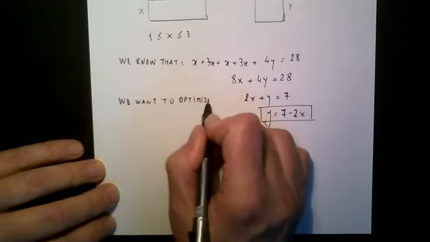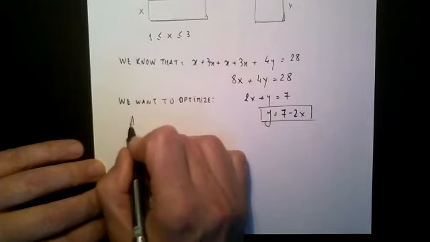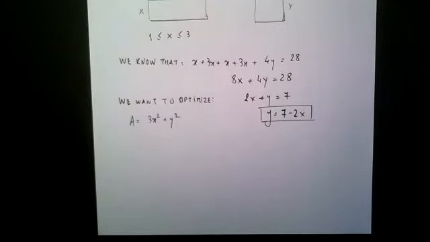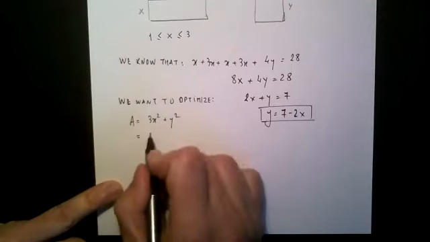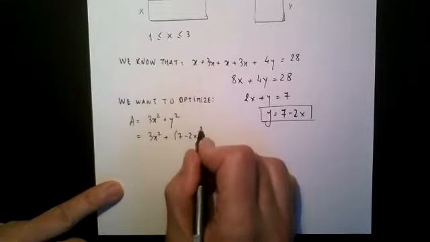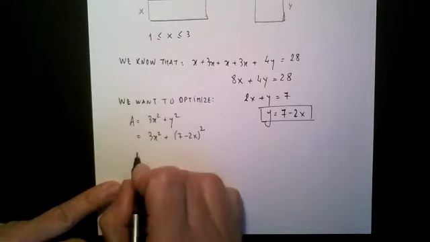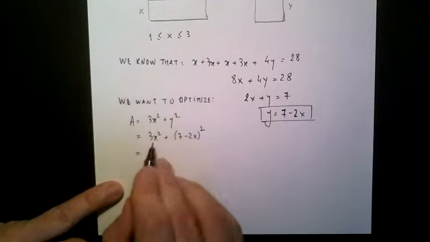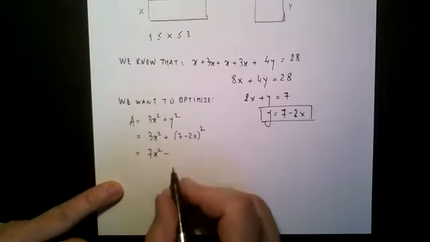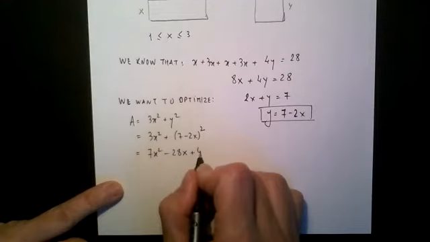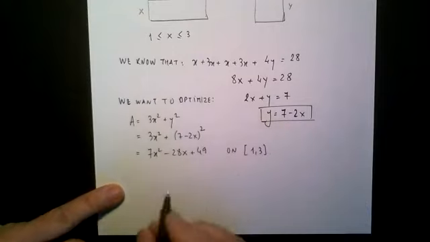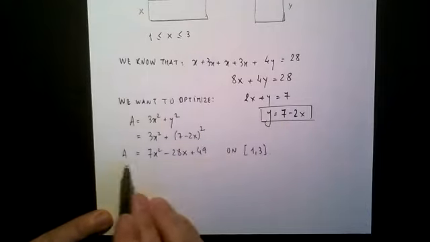They're asking us to maximize and minimize the total area, which is 3x squared plus y squared. So 3x squared plus 7 minus 2x squared, which is 7x squared minus 28x plus 49, on the interval 1, 3. That's it. This is my problem.